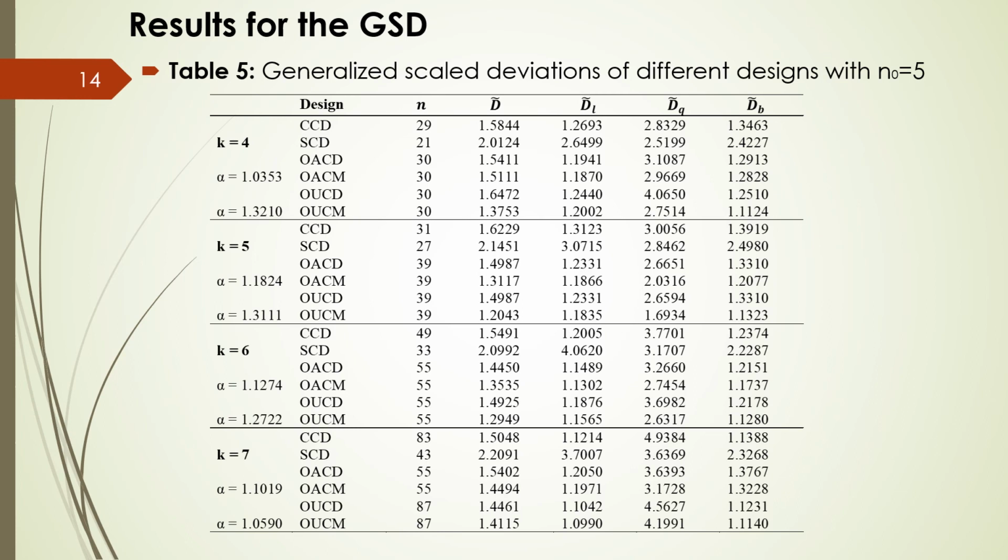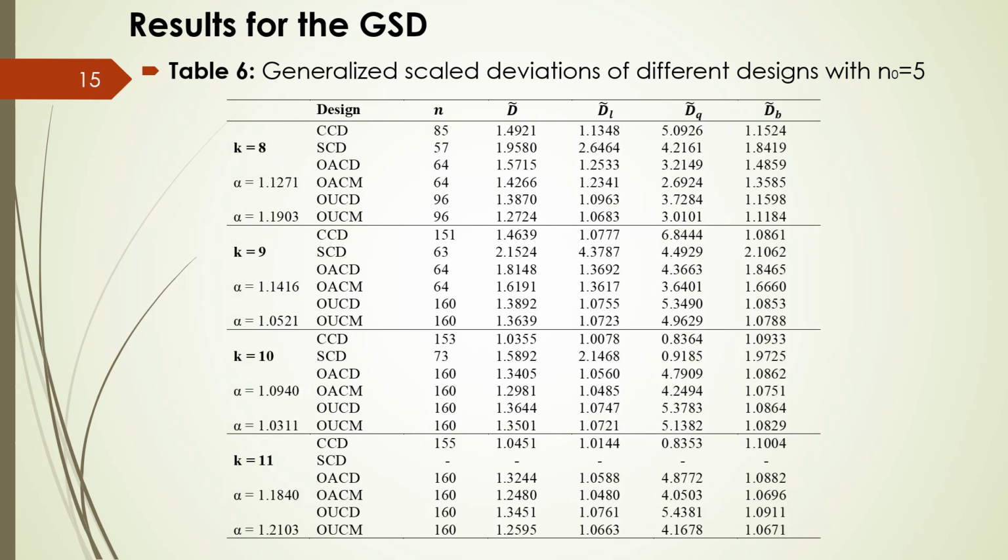Moving on to the result for the generalized scale deviation, it was observed that the OUCM performed better for the constant, linear, and bilinear terms with the least generalized scale deviation, while other designs like the central composite design, which is CCD, performed better in terms of the generalized scale deviation for the quadratic portion.